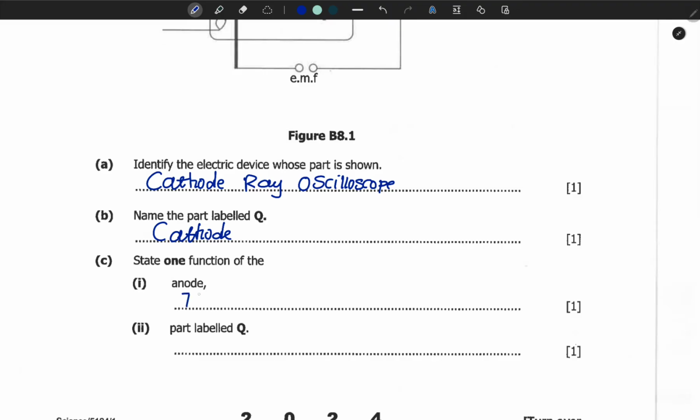Now state one function of the part anode. So the anode, we can say, accelerates the speed of electrons.